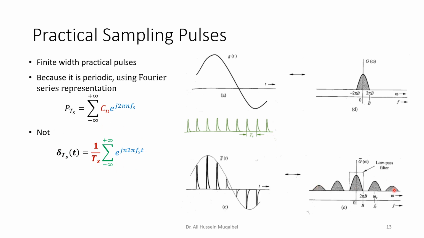So we'll have images shifted to the right and to the left, but the amplitude is getting scaled down. That's not a problem, provided that we have a guard band here. We sample above the Nyquist rate, because this reduction in amplitude is not a big deal. We can always reconstruct the signal, provided we have enough guard band between them.